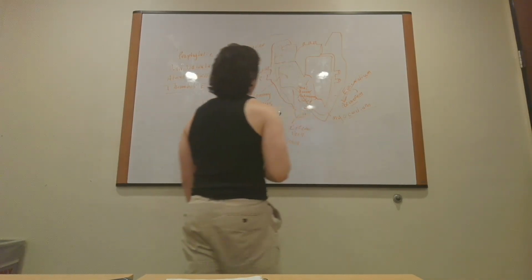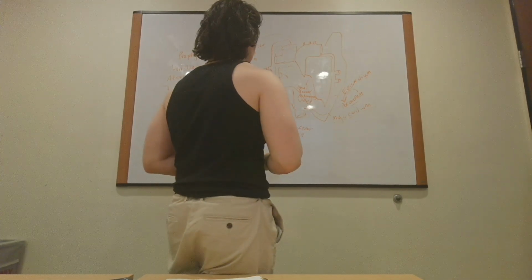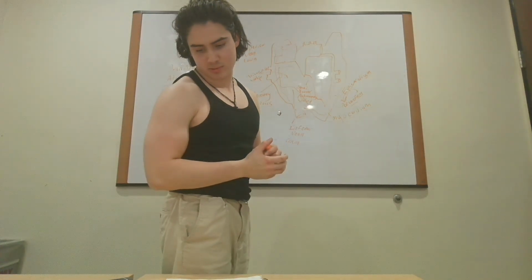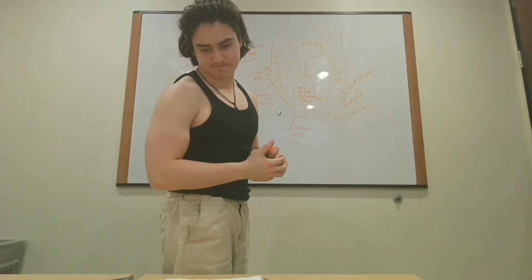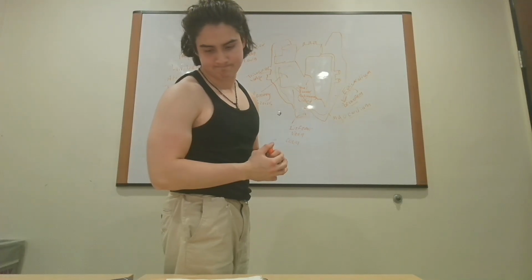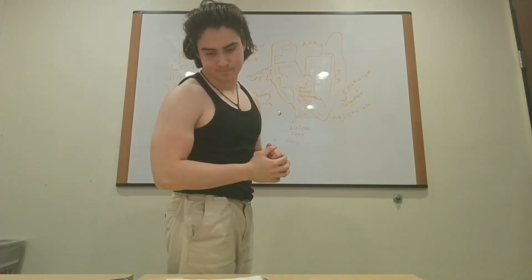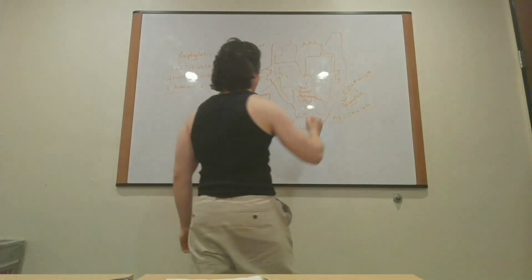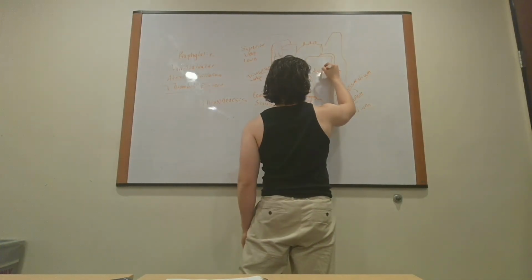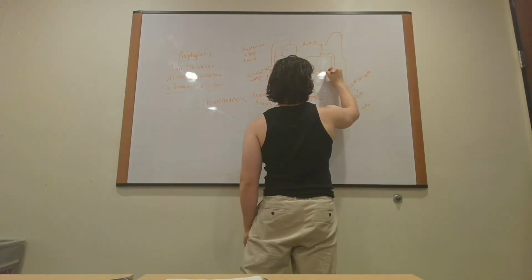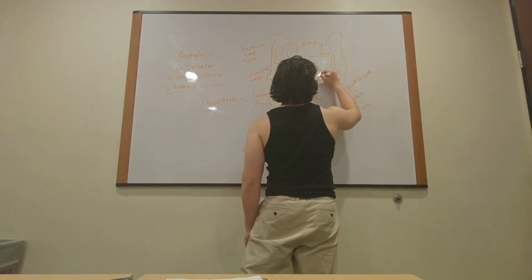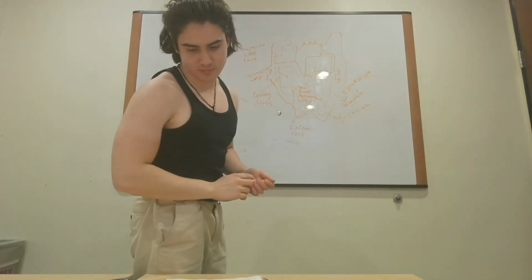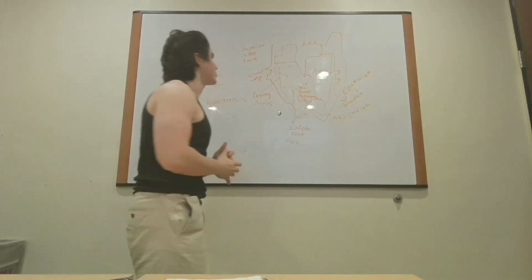And then we've got the pulmonary semilunar valve, and then we should have the aortic semilunar valve. Yeah, I think it's aortic. And then the aortic semilunar valve is what leads to the aorta.